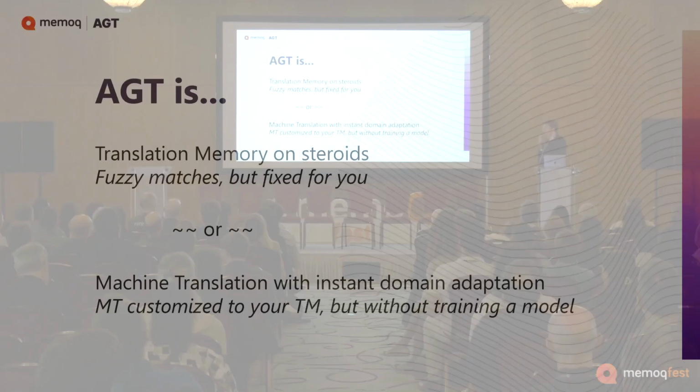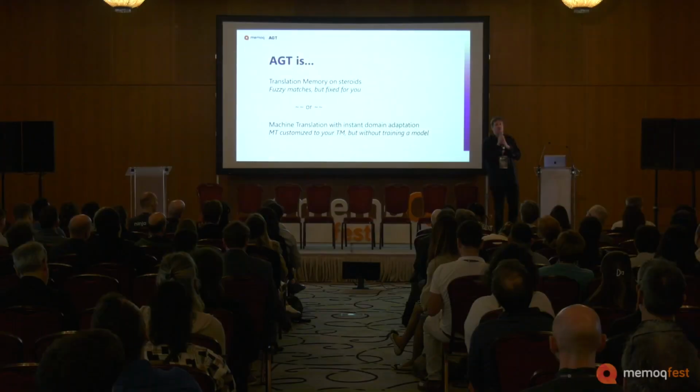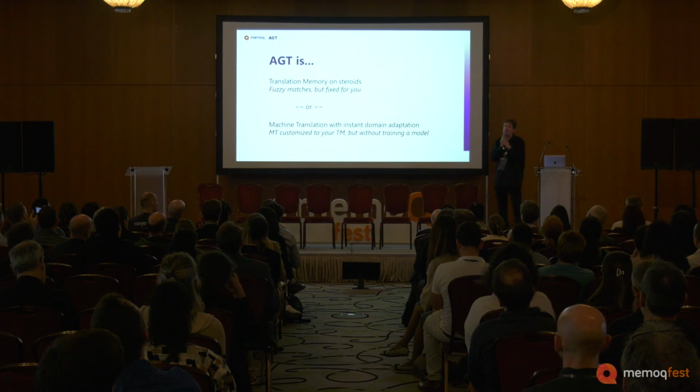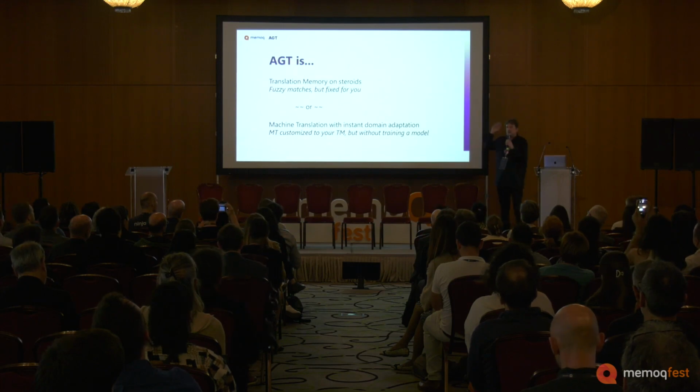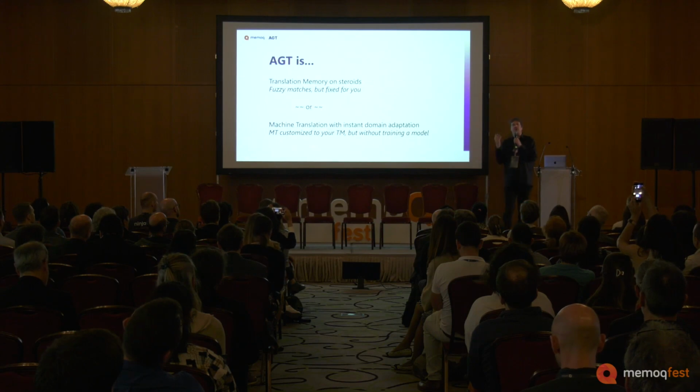I also want to give you two angles about how to think of AGT. I think these are both true at the same time. They just describe AGT from separate viewpoints. You can think of it as translation memory on steroids. Forever, since translation memories exist, you can have a situation where you have a new sentence to translate, but you only have a fuzzy match for it.